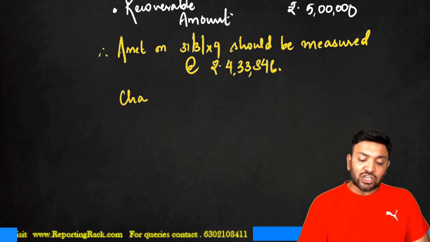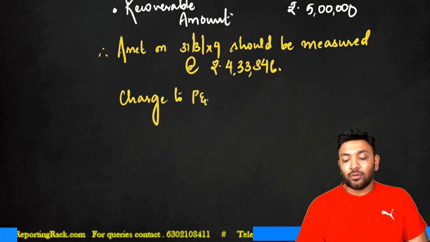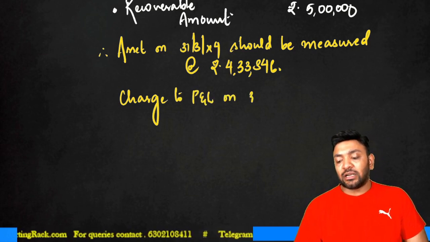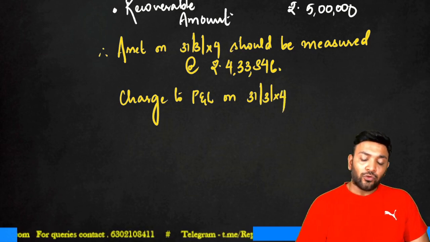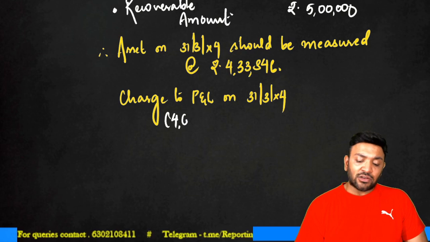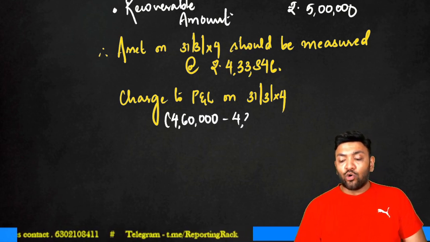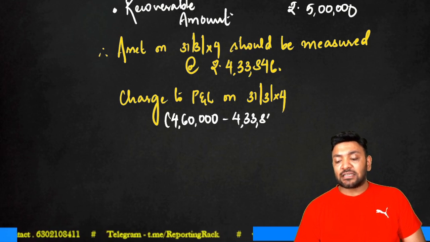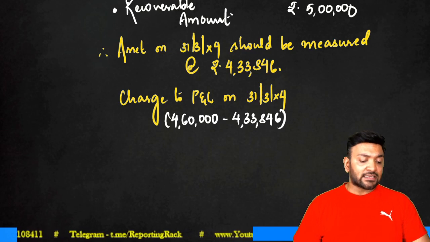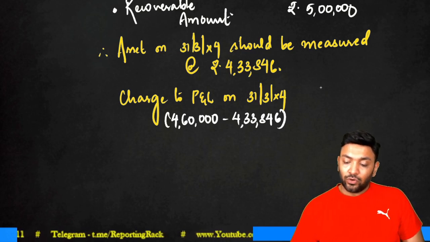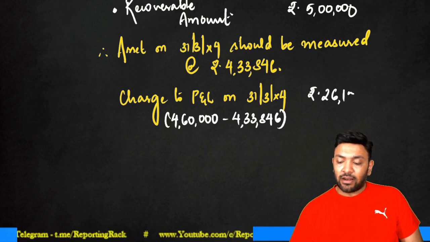Therefore, the charge to P&L on 31st of March 24 is equal to 4,60,000, which was the carrying value of the asset, minus the now recognized carrying value of 433,846. The answer is 26,150.